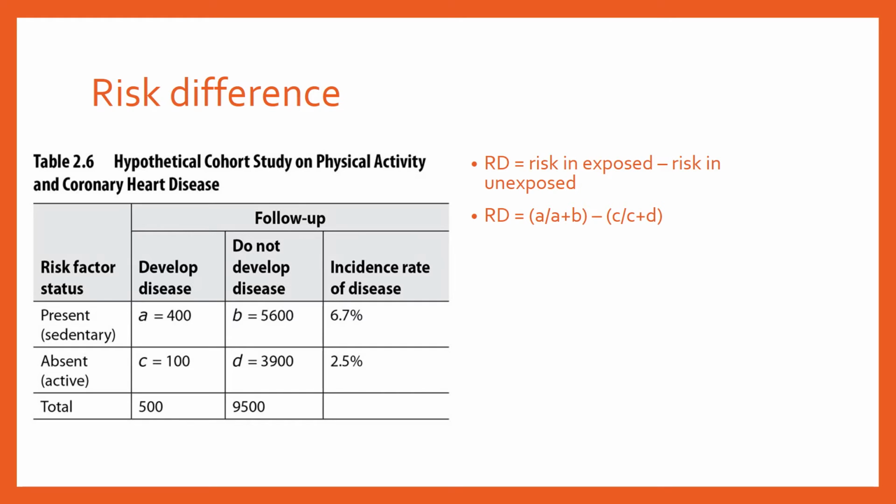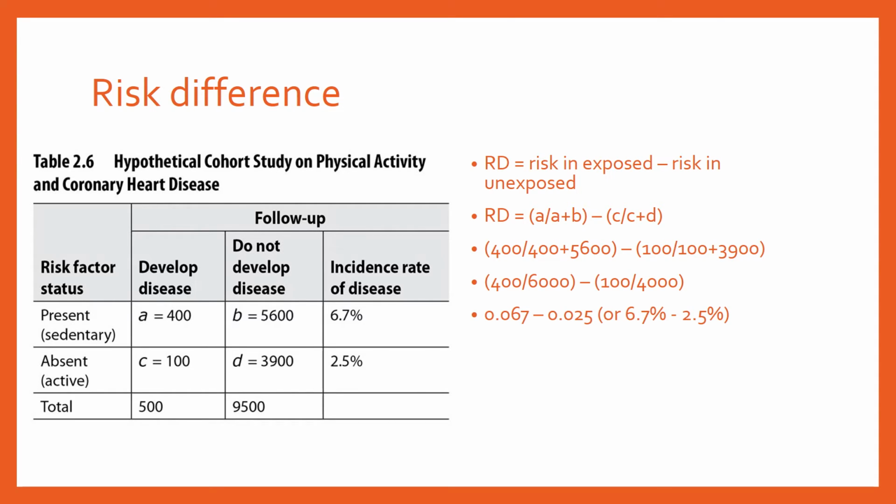Another way to see this formula, though, if you have a 2x2 table, is A over A plus B. So that would be A here, 400, divided by 400 plus 5600, minus C over C plus D. So C is 100, that's the people who develop the disease but do not have the risk factor, and C plus D would be 100 plus 3900. So if we do that math, you walk through all the steps, you come up with 6.7 minus 2.5.